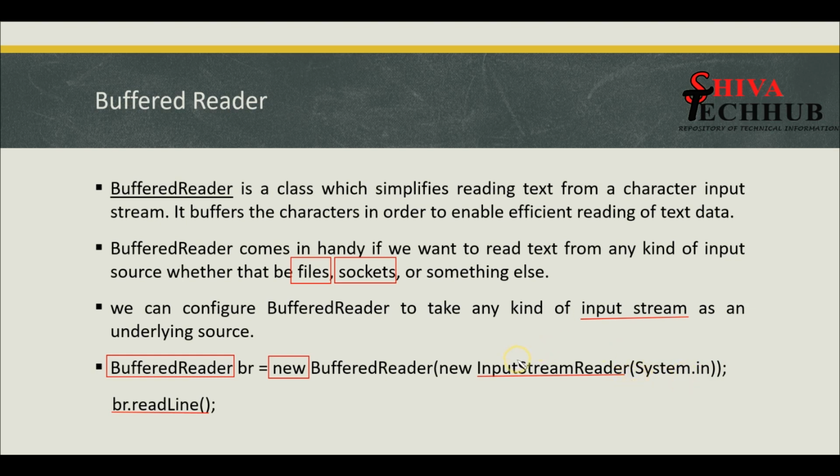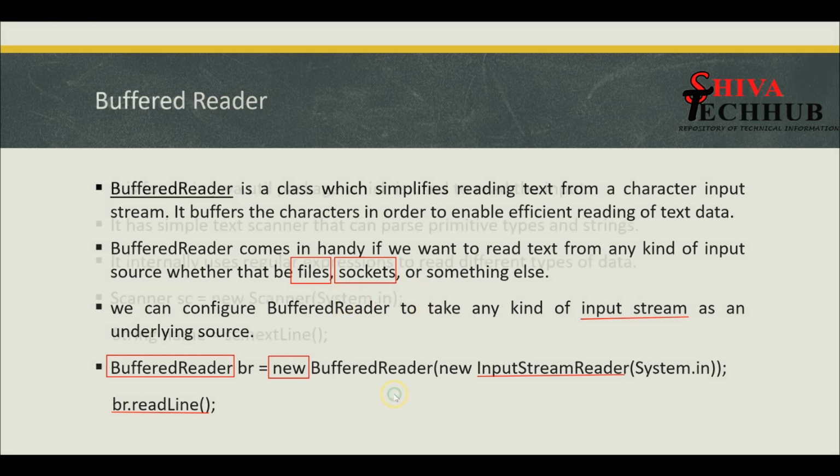Using InputStreamReader, which converts the inputs which you have supplied in the form of streams, it will then supply the same thing to the buffered reader. So what buffered reader does is it accepts that input stream and it stores it into the buffer which is present in the memory so that we can access it. Okay, so this is what is buffered reader.